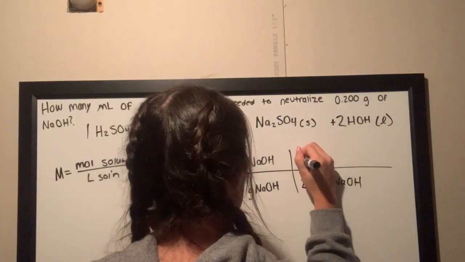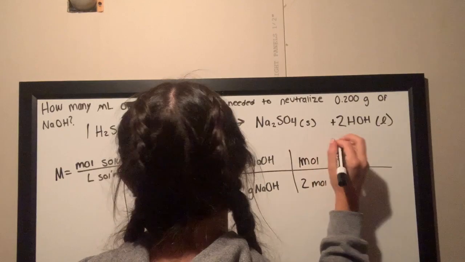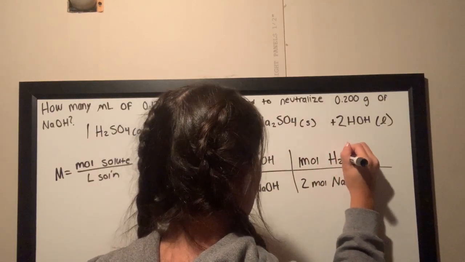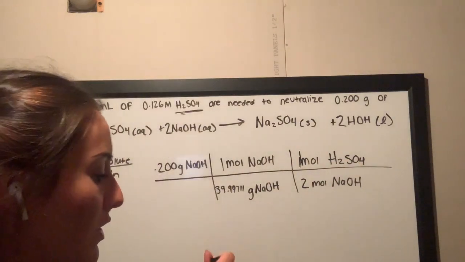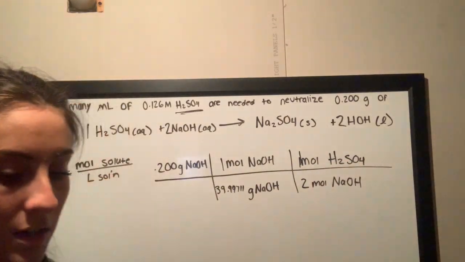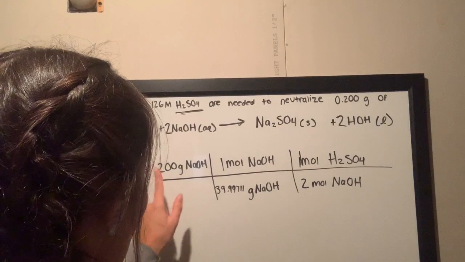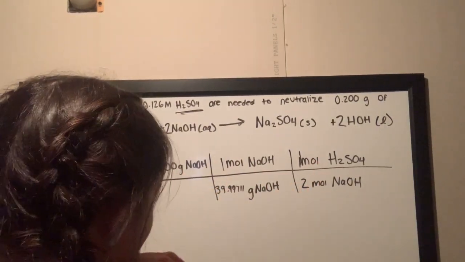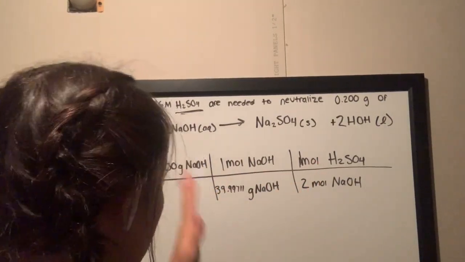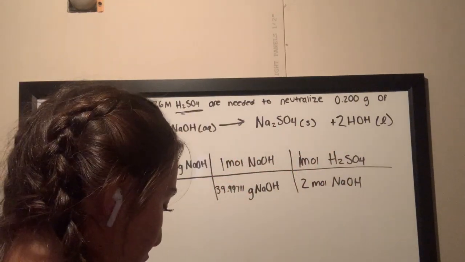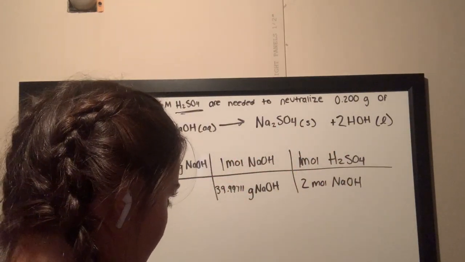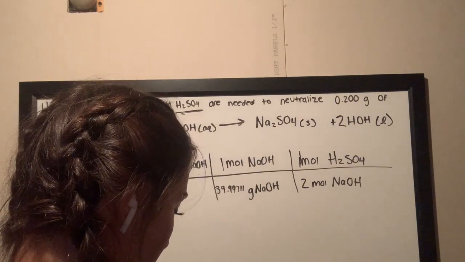So there's 1 mole of H2SO4. So now we're going to do our calculation. We're just going to do 0.2 times 1 times 1 divided by this 39.99711 times 2.